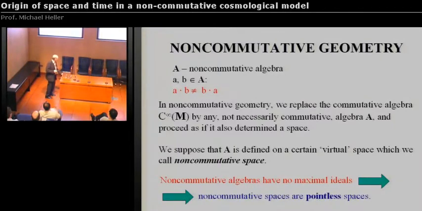So since there are no points, the functions, so to speak, have no support. And this is why non-commutative spaces are sometimes called virtual spaces. So in fact, we are dealing with the algebra, and we suppose that some space is underlying this algebra. So the strategy is similar to the strategy which was once used when complex numbers were invented.